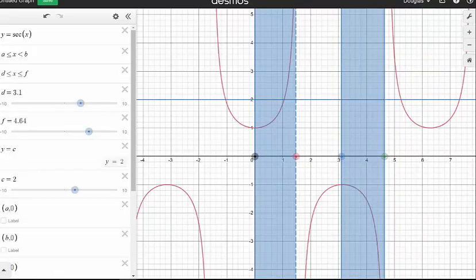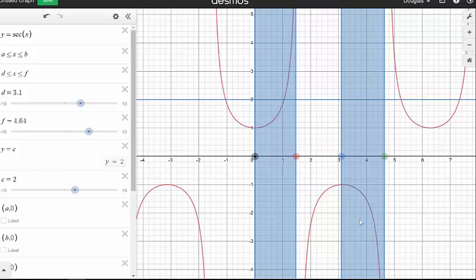So note that we now have two sections of the domain from here to here, and then again from here to here. Alright. Note that we go through all the different values of the secant function, and it is also 1-to-1.